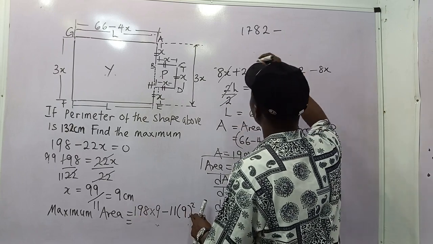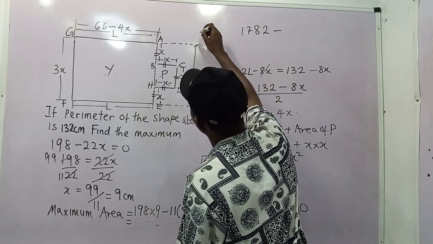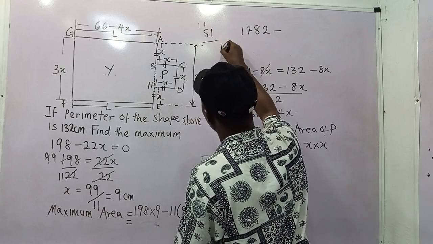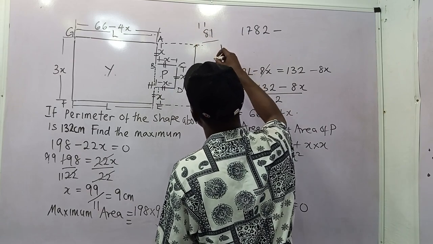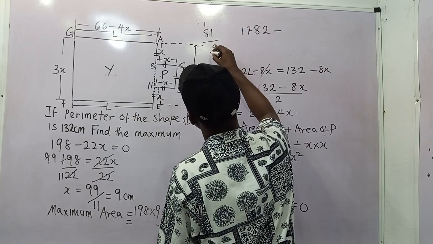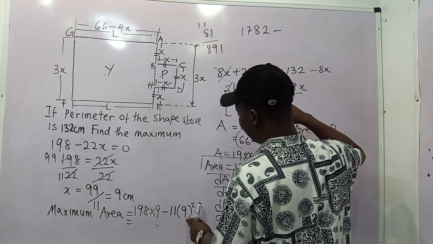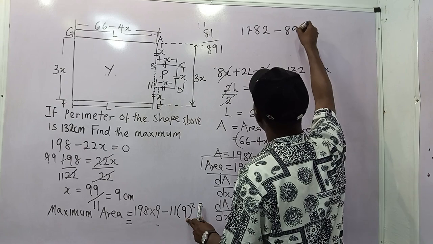Minus, this one is 81. 81 times 11 will give us 891.